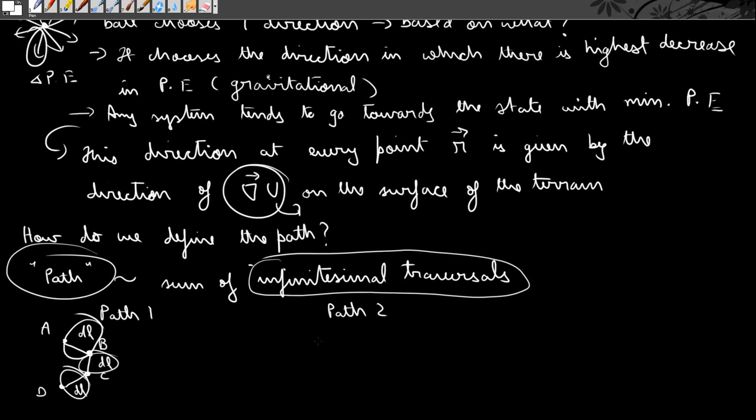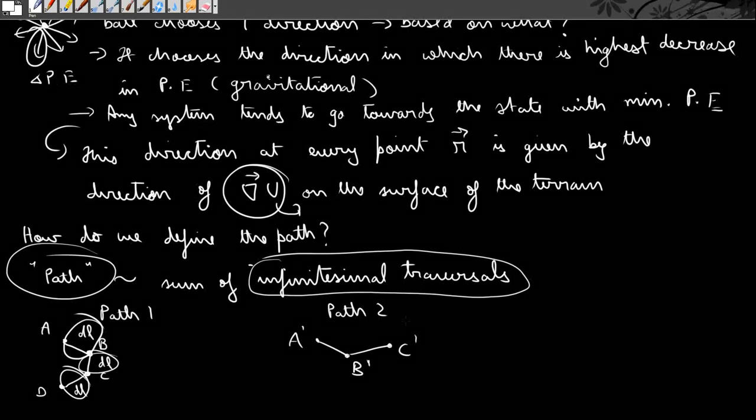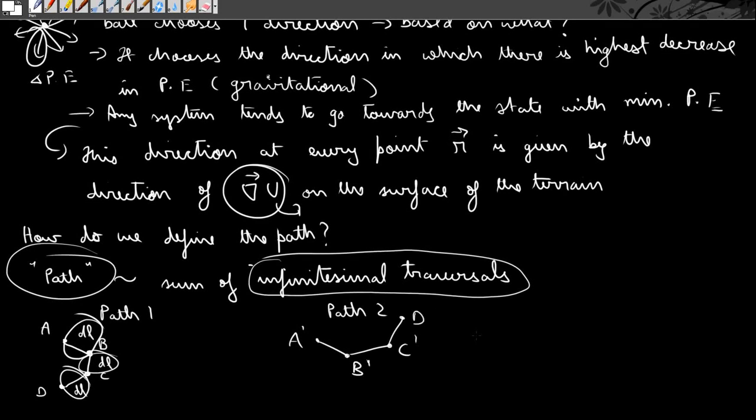Similarly, let's say we define another path from A dash to B dash to C dash and to D dash, and again each of these traversals is of length dl.